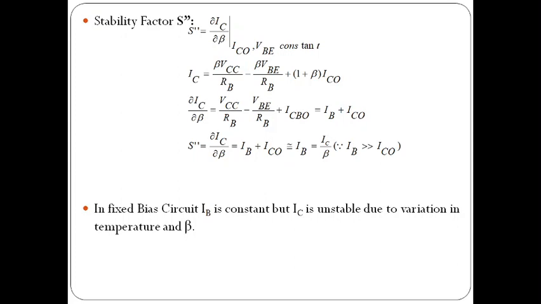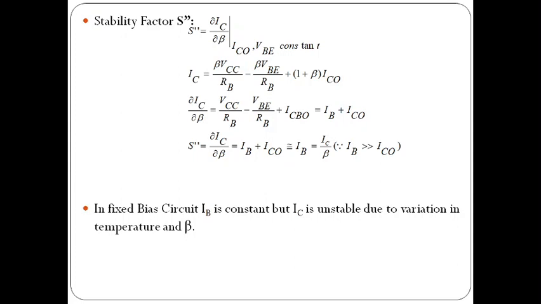This reverse saturation current at the collector junction is very small, so we can neglect that. So S double dash equals the IB value. IB can be written as IC by beta. Yes, in the fixed bias circuit, this IB is constant but IC is unstable. What is the drawback here? S double dash equals IC by beta only.